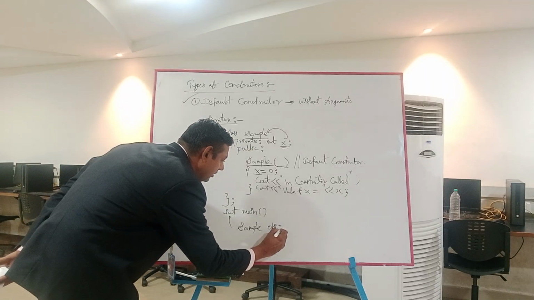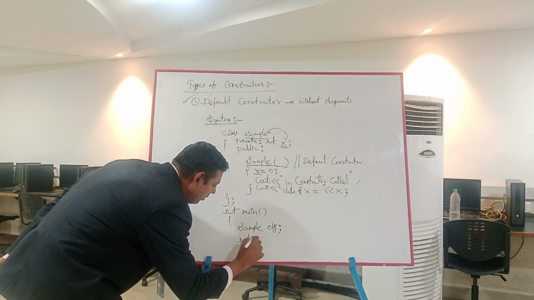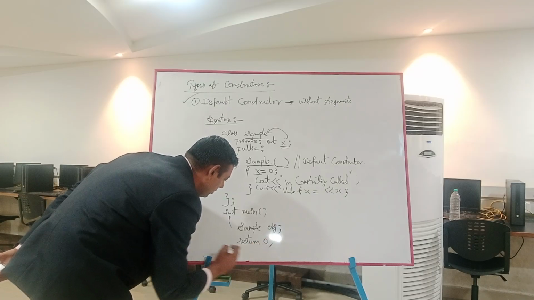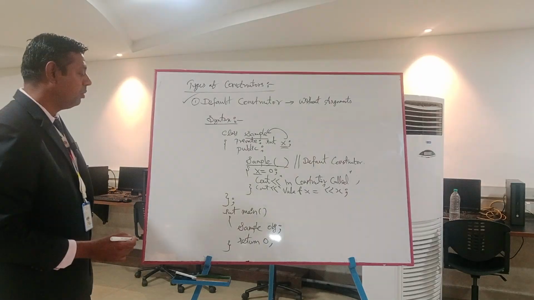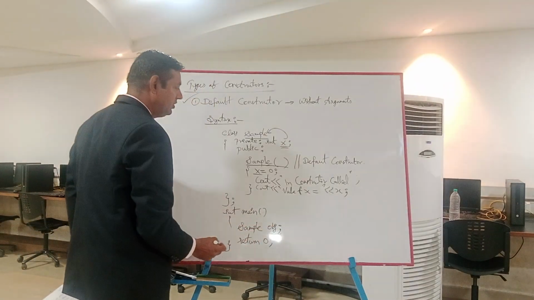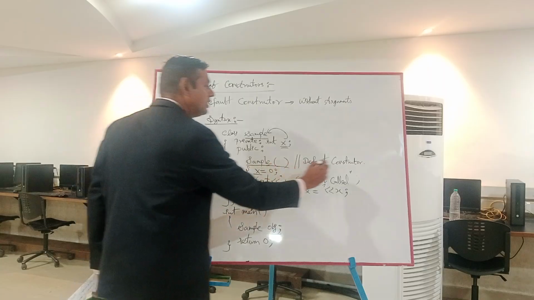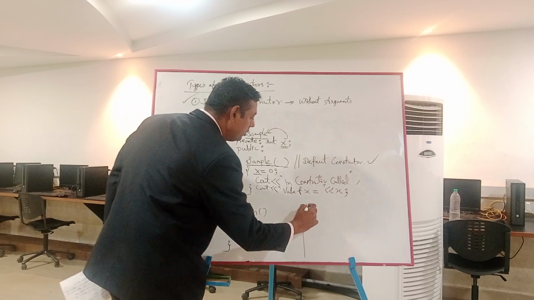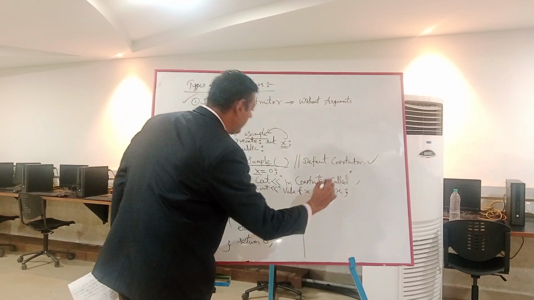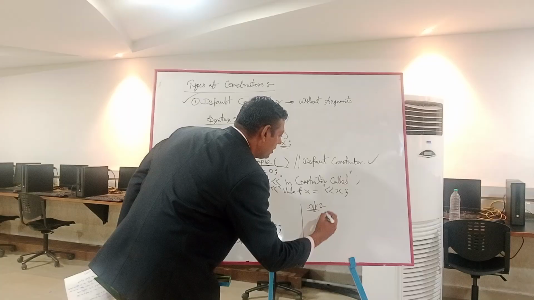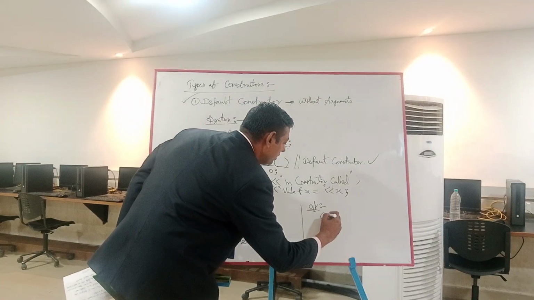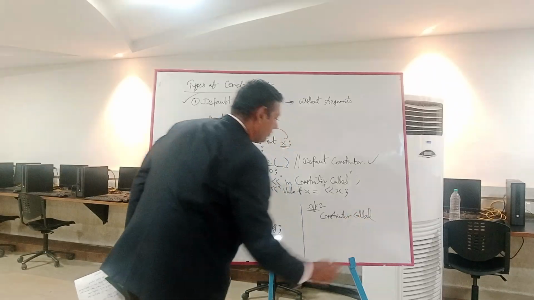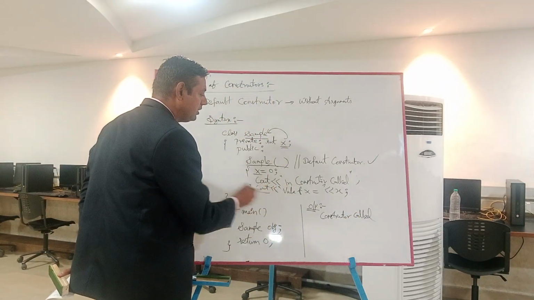The moment I create an object for this class, sample obj, the default constructor is the first one to be executed, and we will get the output: constructor called.